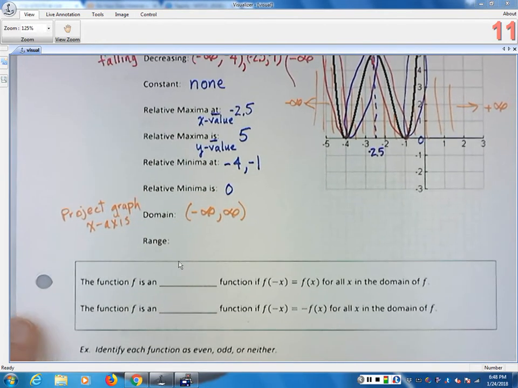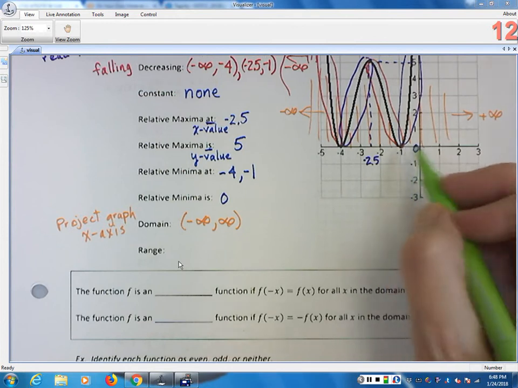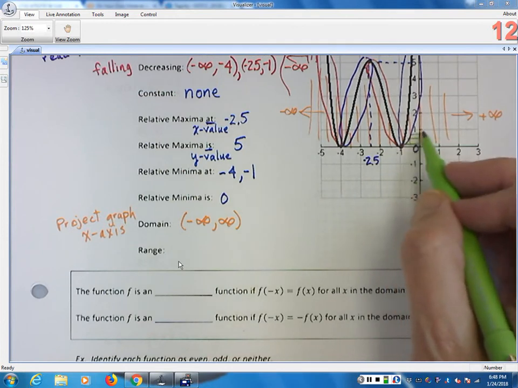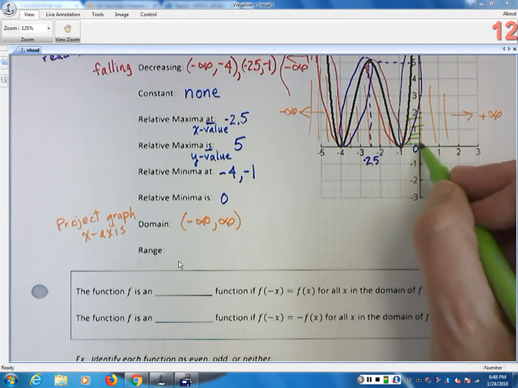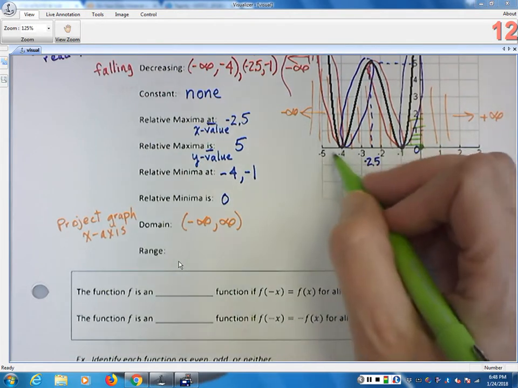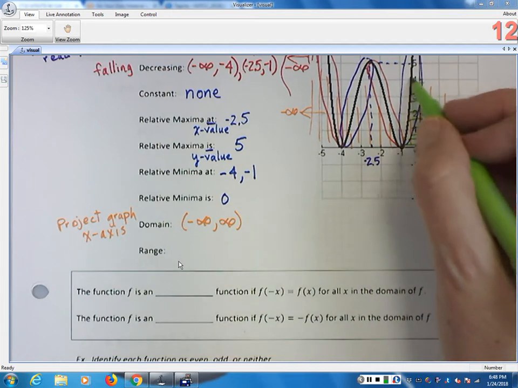What's the range? Now we're going to project it to the y-axis. It always takes on the value of its vertex. So we're projecting to the y-axis. It's going to take on the 0. This is at 0. There's no open circles there. And this goes up to positive infinity.